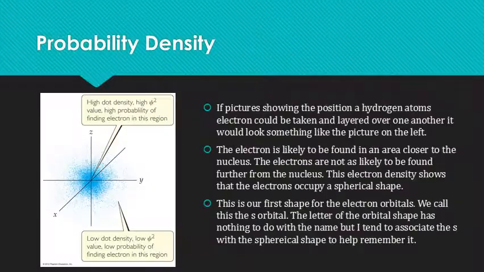Alright, so we have electrons in energy levels, but these energy levels are not just orbits around the nucleus like the planets orbit the sun. It's not this flat spherical orbital that we think of it as.